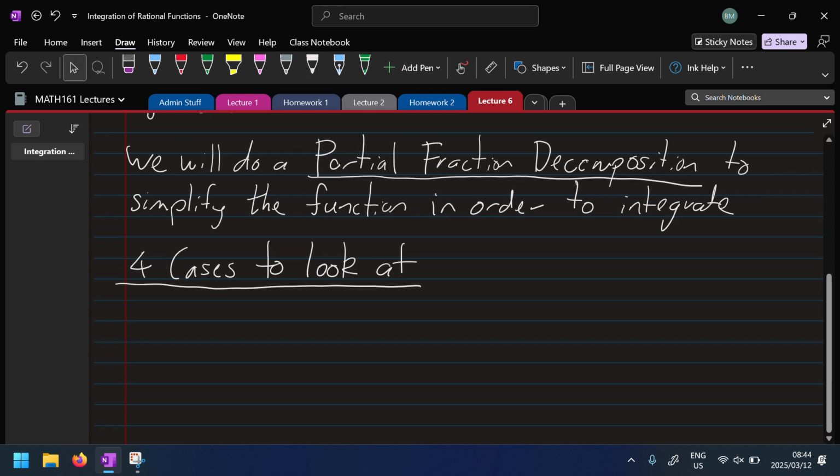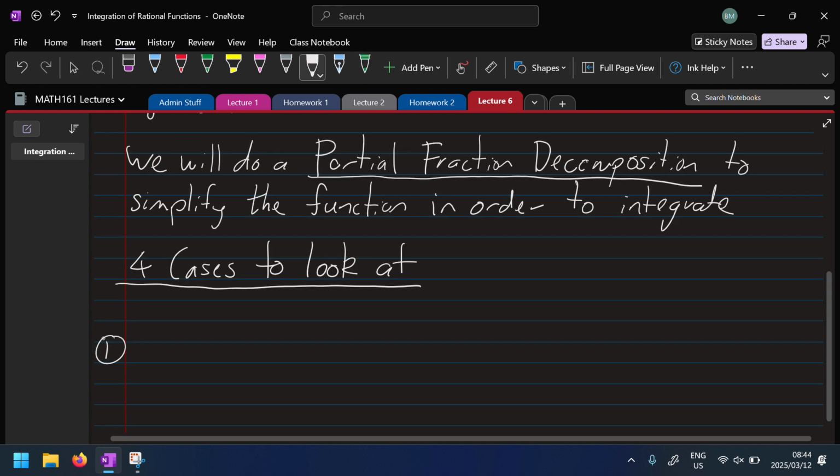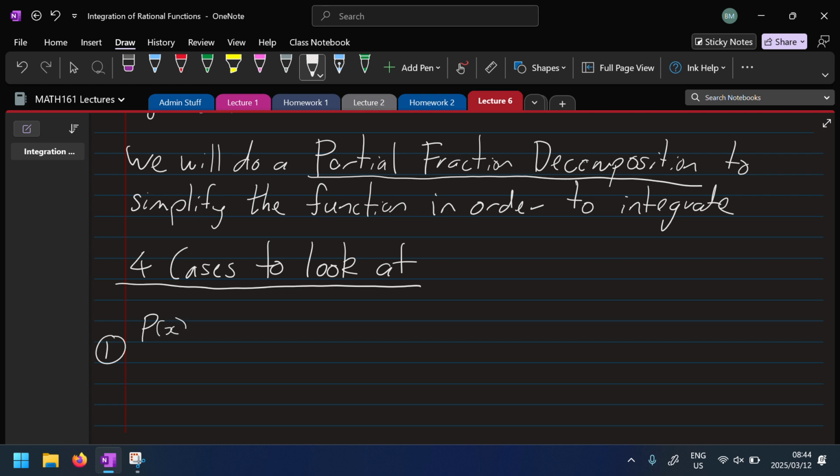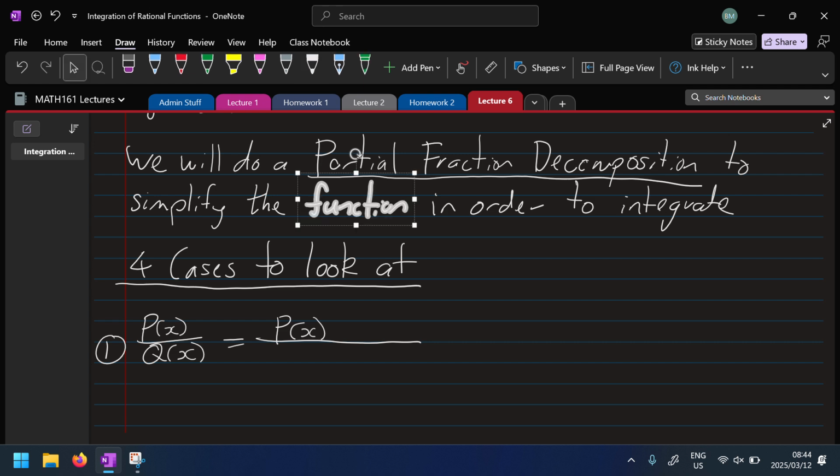The first case, case number 1, is when we have p of x over q of x. Our rational function is equal to some polynomial p of x over a denominator that we can factor into a product of linear terms. The numerator can be anything, that doesn't matter. So we end up with ax plus b, cx plus d, and so on.